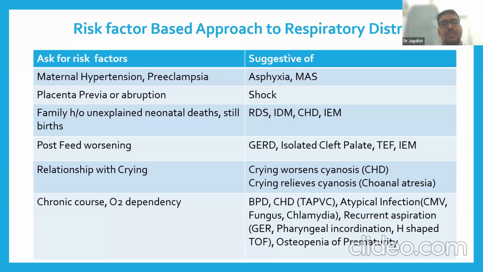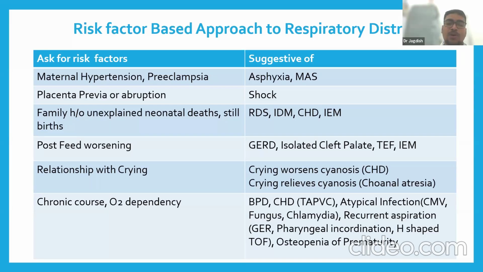Similarly, if the respiratory distress worsens after feed, we can think there may be GERD or an isolated cleft palate. If crying worsens the cyanosis, then we can think it's a congenital heart disease, but if crying relieves the cyanosis, there may be bilateral choanal atresia.